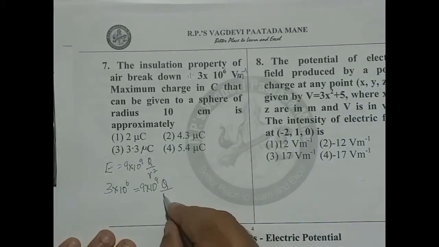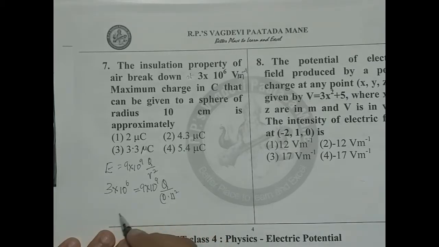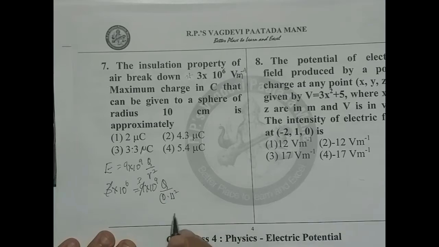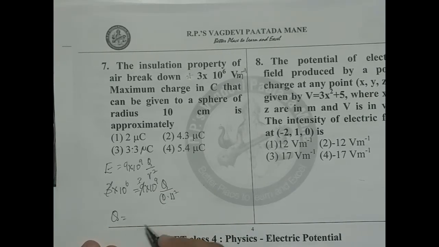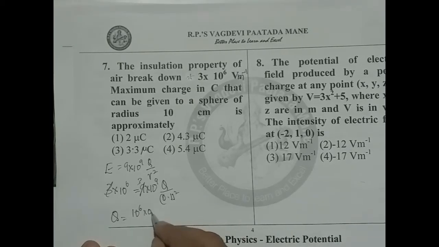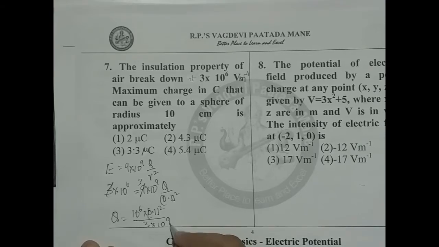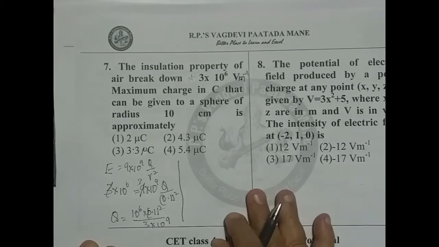Radius 10 centimeter means 0.1 whole square. Now if we do it like this, 3 threes are 9 there. Now I can write simply Q as 10 raised to 6 into 0.1 whole square divided by 3 into 10 raised to 9.